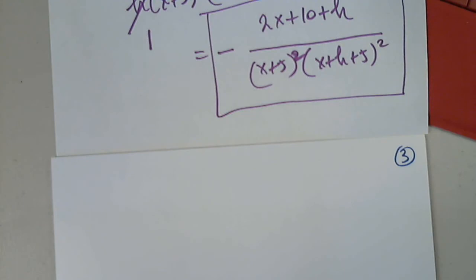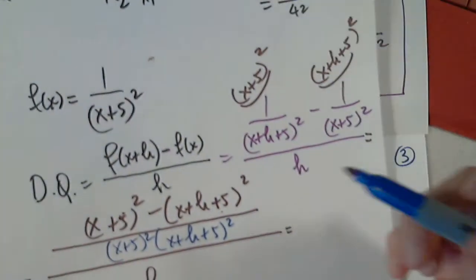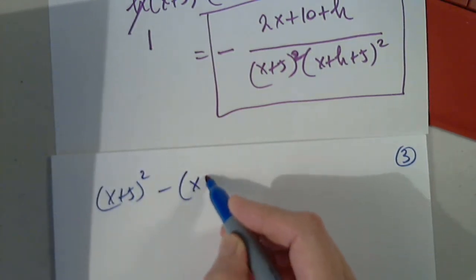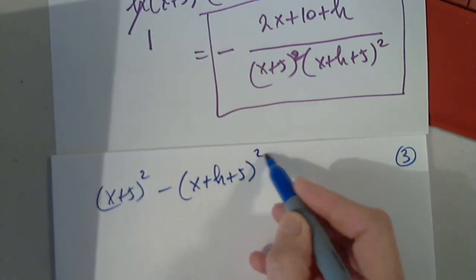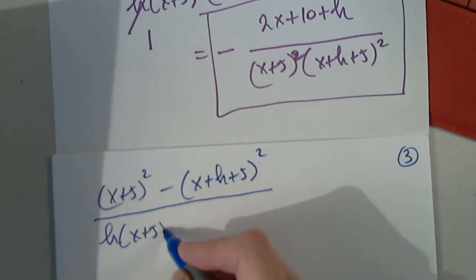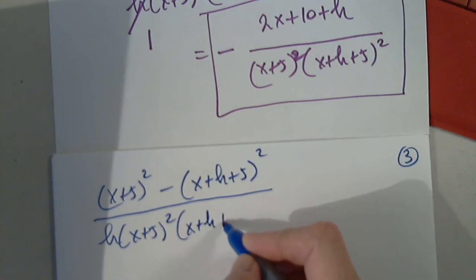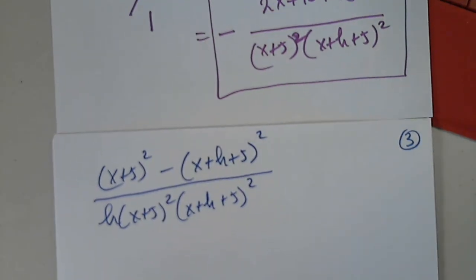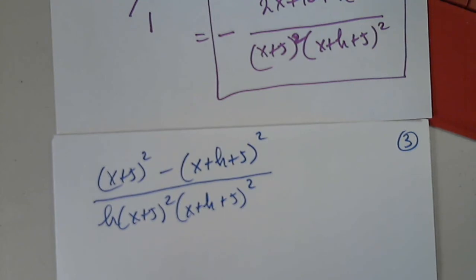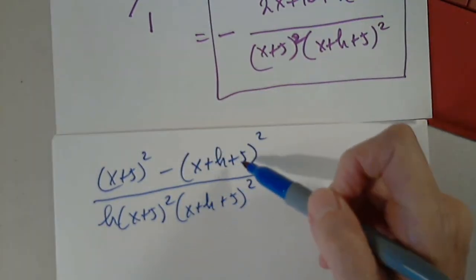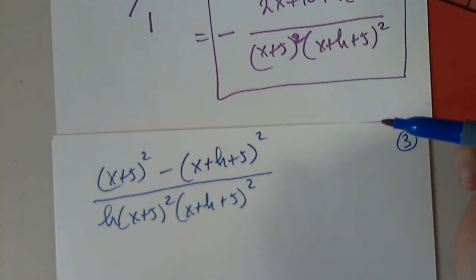So I'm going to just go back to this step. Okay, so when we have x plus 5 squared minus x plus h plus 5 squared, everything over h, x plus 5 squared, x plus h plus 5 squared. If in your wildest dreams you try to simplify these two or simplify these two, there will be a tragedy.